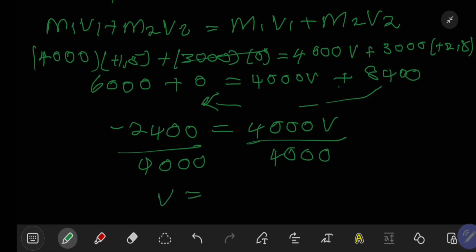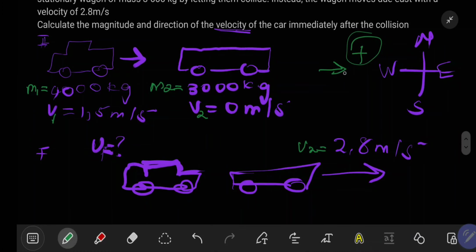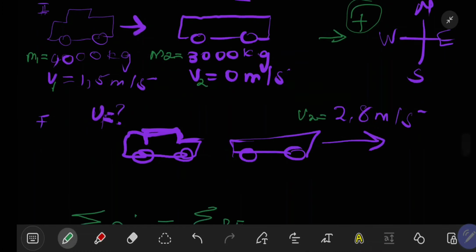Then our value of v becomes negative 0.6. Remember, here we took the direction. We said the motion going in the eastern direction is positive. Now we get that our velocity is negative.